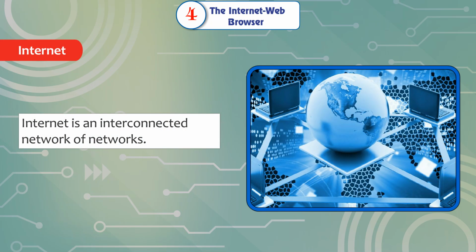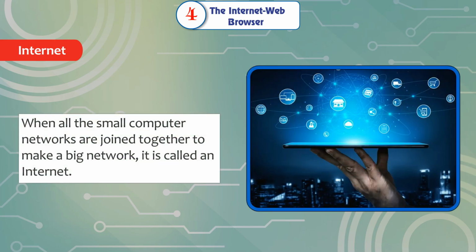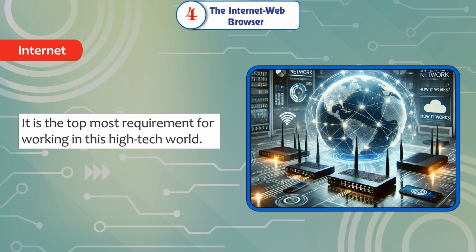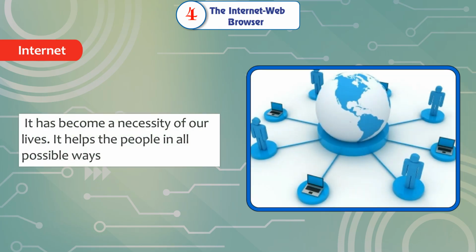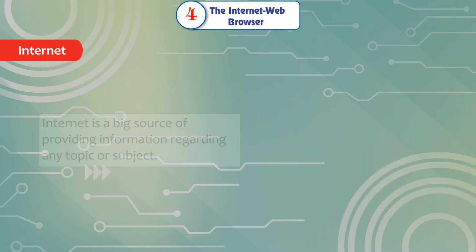Internet. Internet is an interconnected network of networks. When all the small computer networks are joined together to make a big network, it is called the Internet. It is the topmost requirement for working in this high-tech world. It has become a necessity of our lives. It helps people in all possible ways.